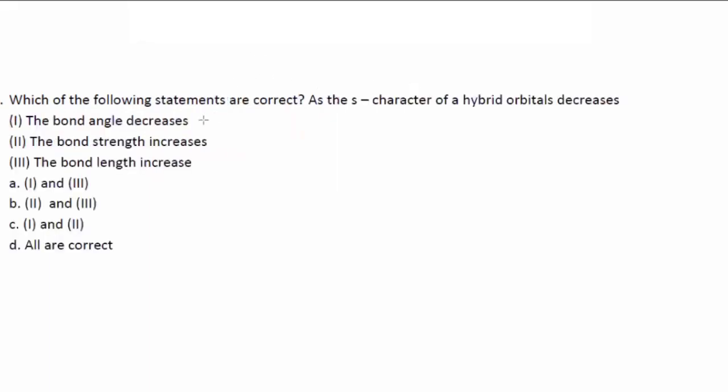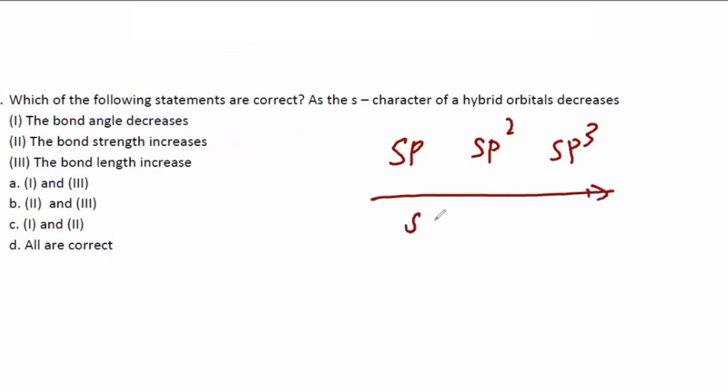Next question. Which of the following statements are correct? As the s character of the hybrid orbital increases, the bond length decreases. Consider an example, sp, sp2, sp3. From left to right, s character decreases. So bond length increases, bond energy decreases.